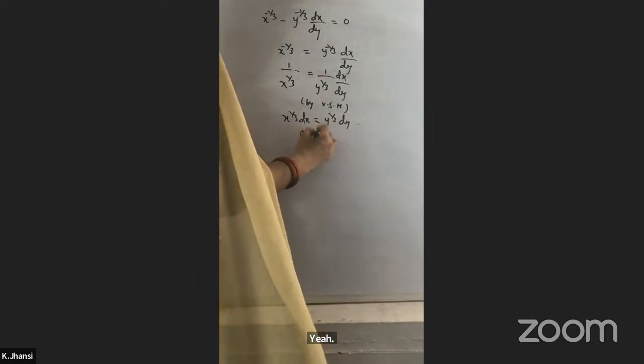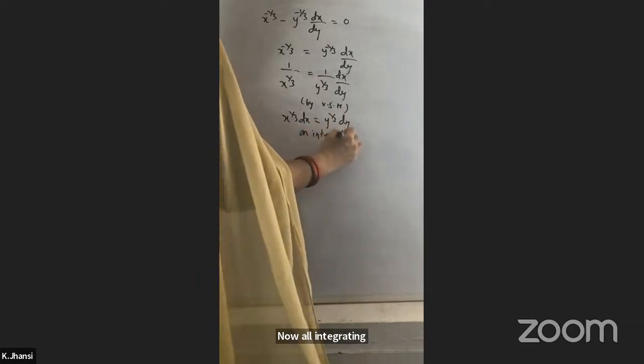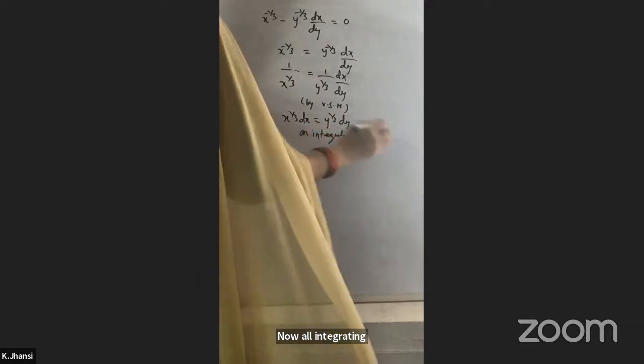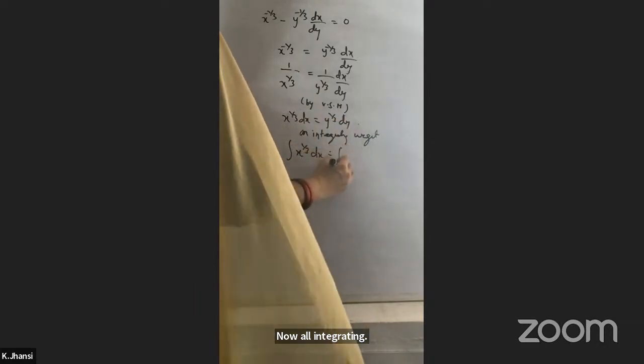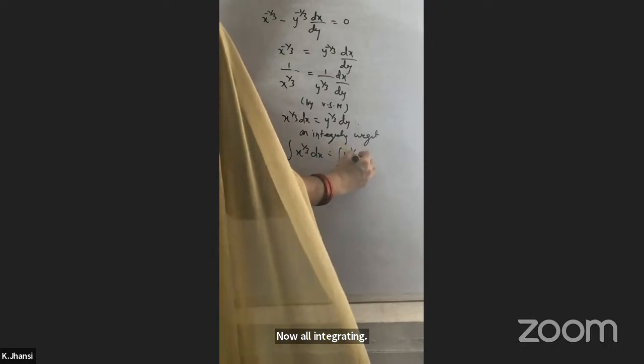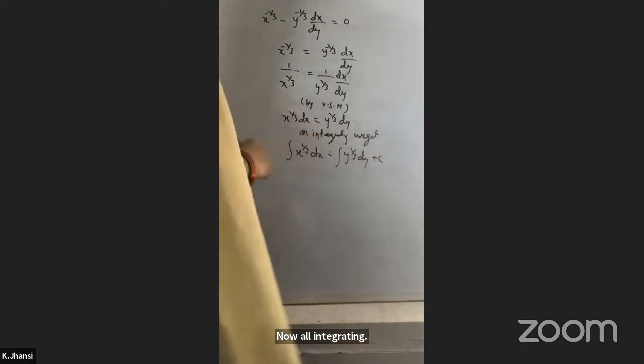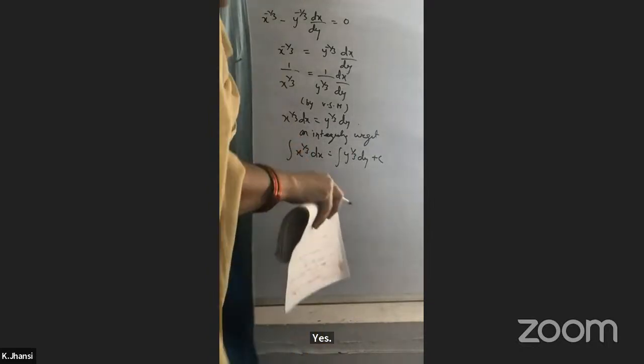Now on integrating, we get integration of x to the power of 1 by 3 dx is equals to integration of y to the power of 1 by 3 dy plus c. So now it is in the form of integration of x to the power of n.